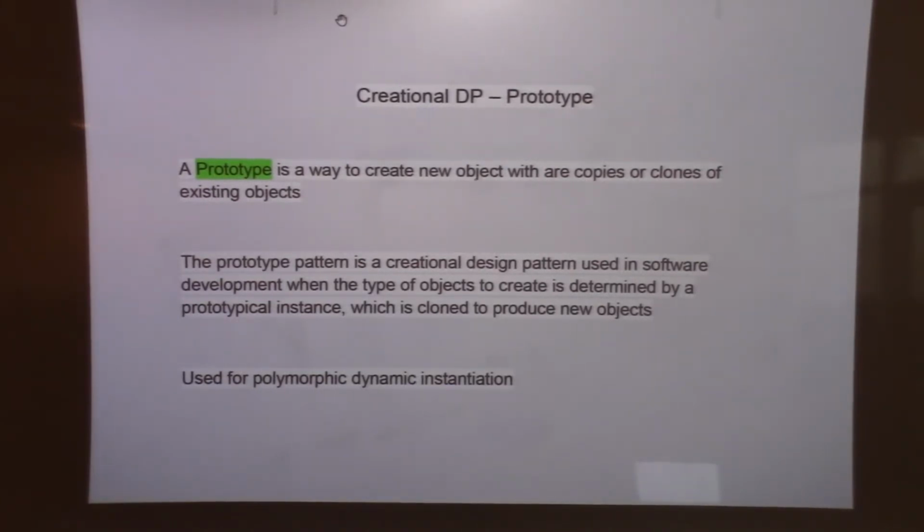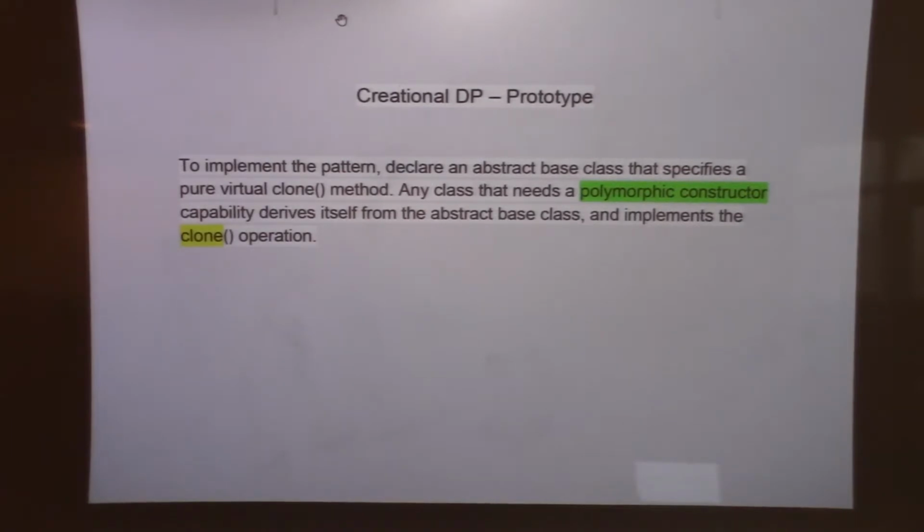So the prototype pattern is a creational design pattern used when the types of objects to create are determined by a prototypical instance, used for polymorphic dynamic instantiation. So to implement this pattern, declare an abstract base class. Remember what is an abstract base class? That's a base class which has what kind of method? Pure virtual.